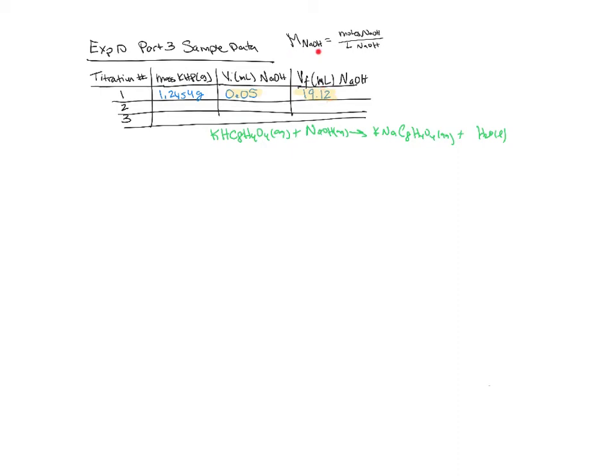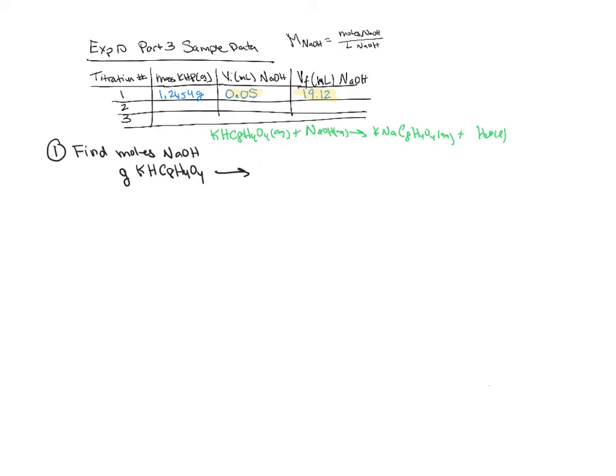Our goal is to get the molarity of our NaOH, which we solve for by calculating first the moles of NaOH, then the liters of NaOH added, and then we're going to divide. The first thing we're going to do is find the moles of NaOH that were neutralized. And we do that by starting with our mass of KHP, and the entire chemical formula, KHC8H4O4.